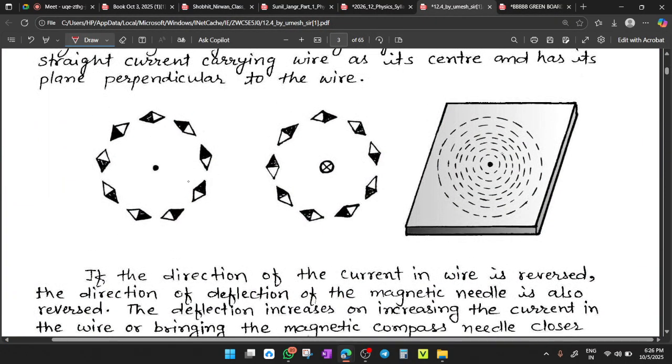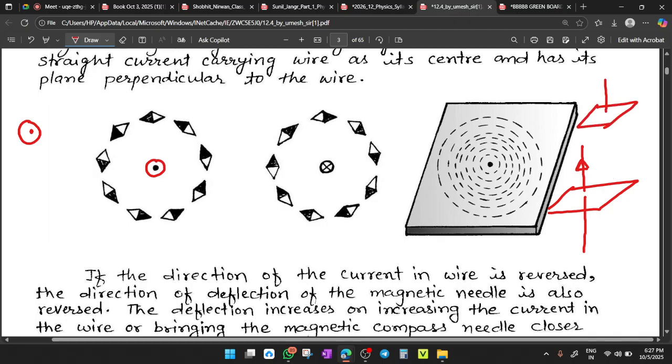Here you can see this is the direction of current. Yes, current is coming outward, the dot representing the outward current and the cross representing the downward current. So two things are there. In the experiment, I told you Oersted changed the direction. First, the current was coming out of the paper, and second, the current was going downward into the paper.